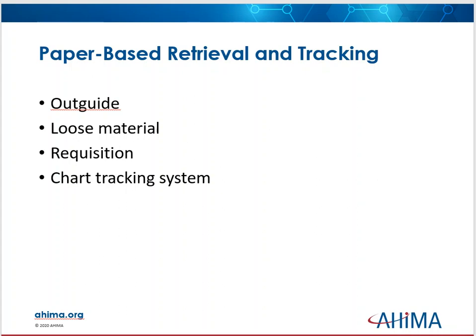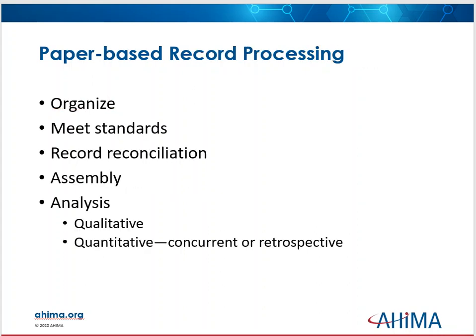The requisition would print in the medical records department that, let's say, Dr. Smith wants a chart, and once a medical record clerk would pull the record, the OutGuide would stay in that place to mark who's requesting it and who this record went to. And the chart tracking system checks in and checks out all that information.